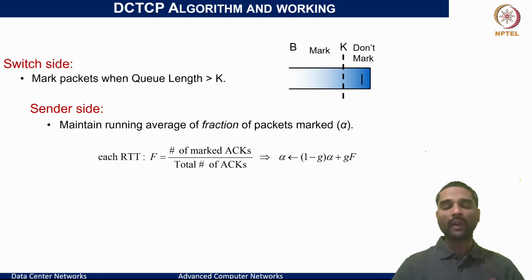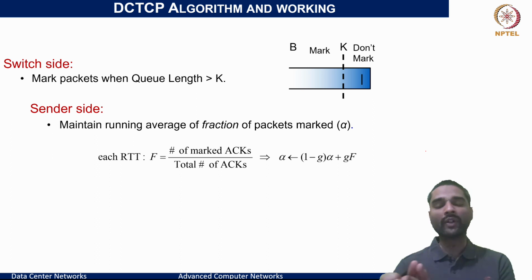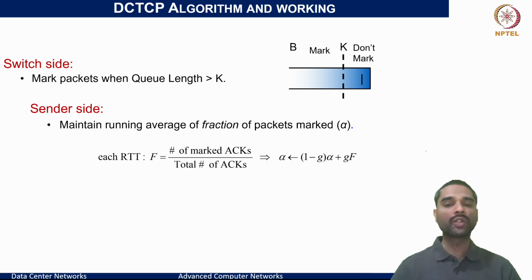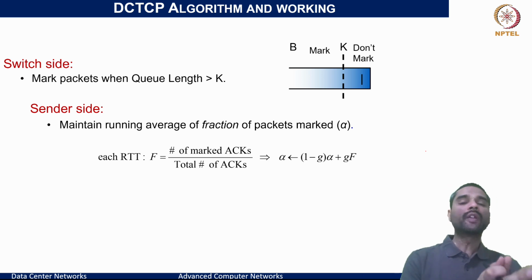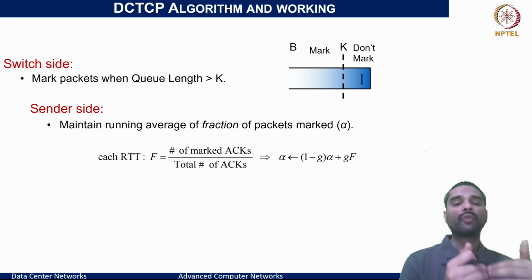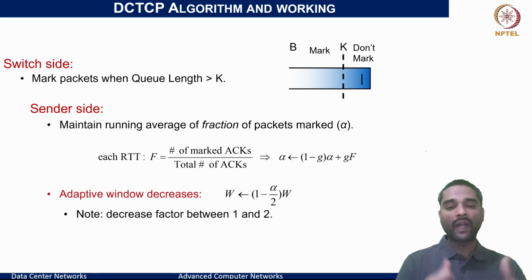And on the sender side, whenever you receive the packets that are marked, he would keep track of how many packets within a given RTT were sent, and what is the fraction f of the packets that he sent and received in this RTT that were marked with the ECN flag. If there is any ECN mark on the packets he received, then we want to react and adapt the window in proportion to the number of marked packets.